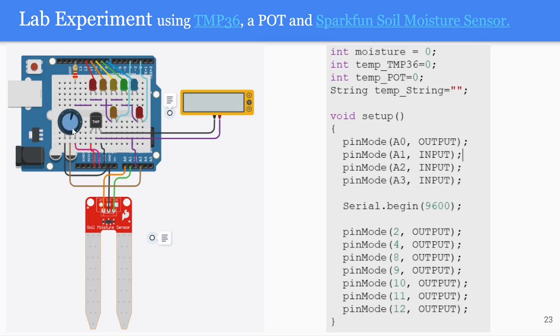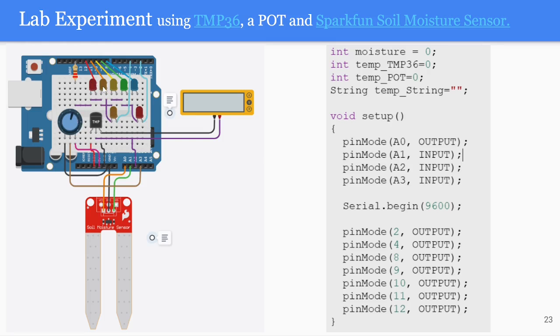That's why it's basically working as an emulator. And this is the analog line, which goes to A3 to carry the analog voltages. So again, three types of sensors: the soil moisture sensor, the thermistor, and the pot, which is basically an emulator.